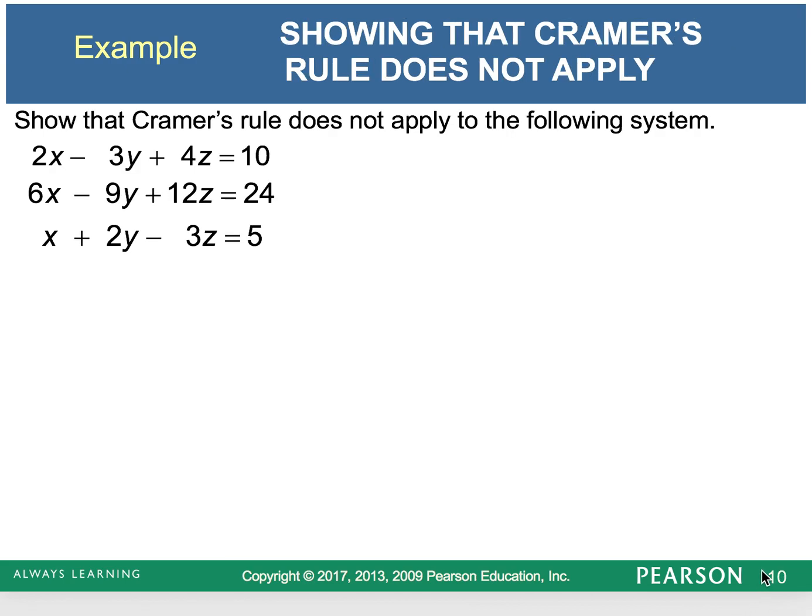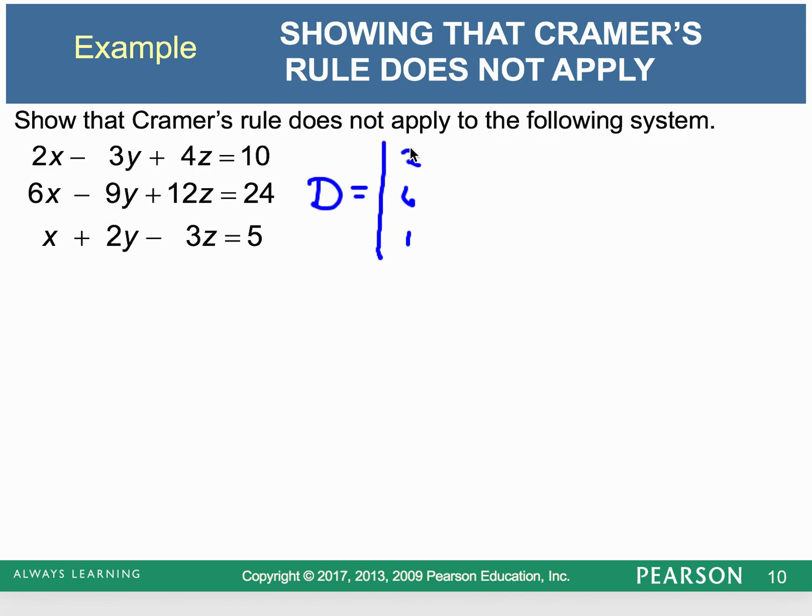Okay, let's look at the next one. It kind of tells you what's going to happen here, but normally you're not going to see that. So if it's saying solve this using Cramer's rule, that's what we would start out doing. So first thing we do always is do D. So 2, 6, 1.